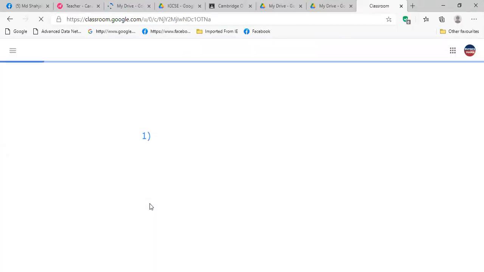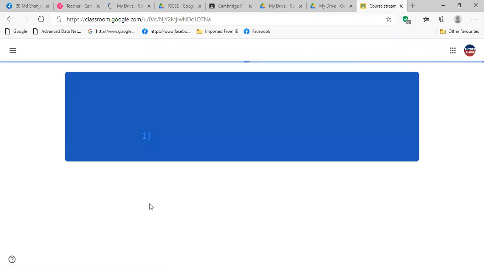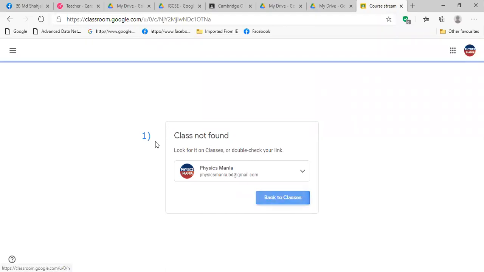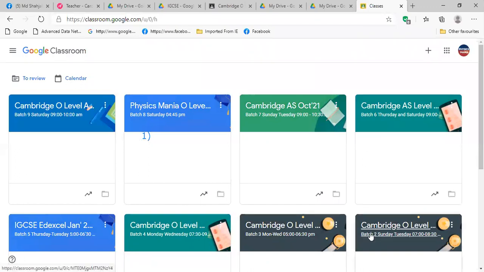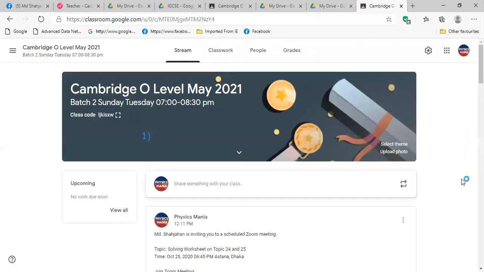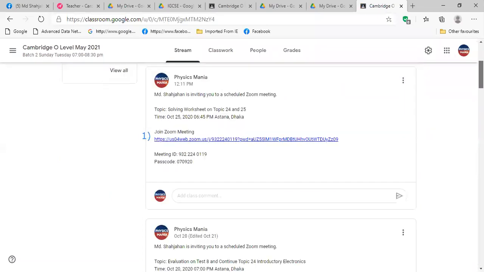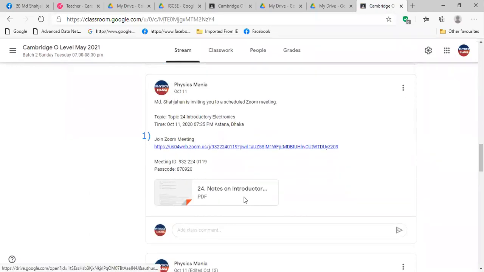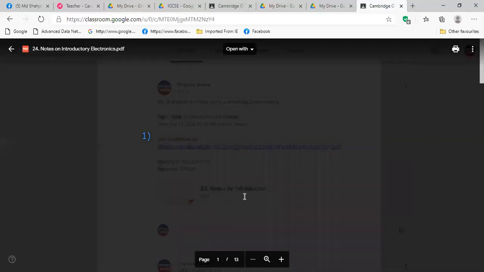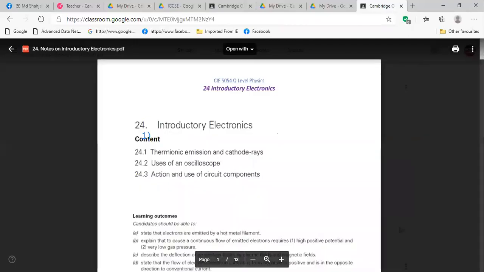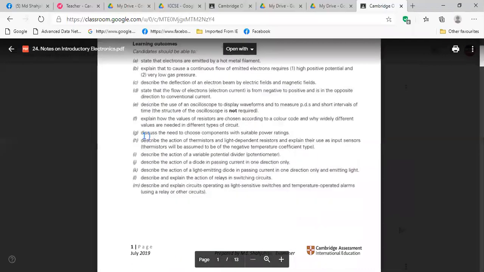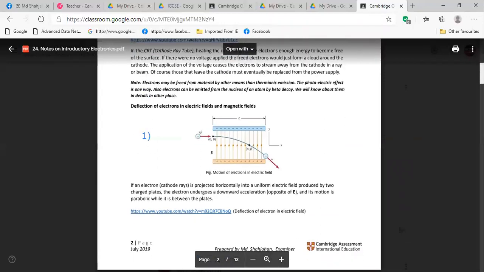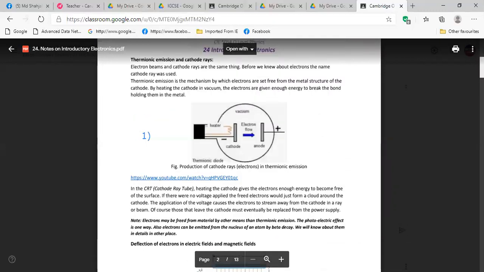It's not given point wise, but in the description it's written. Check.